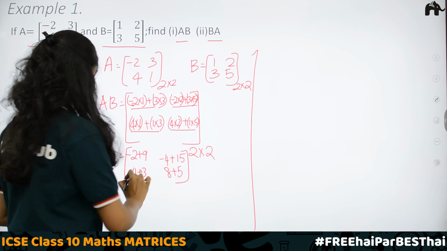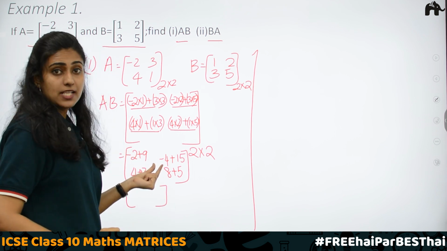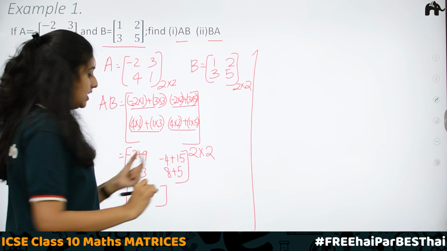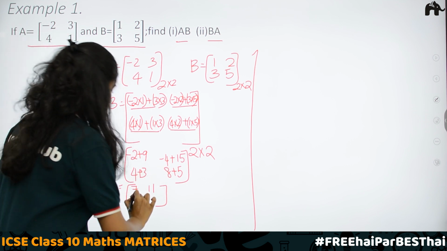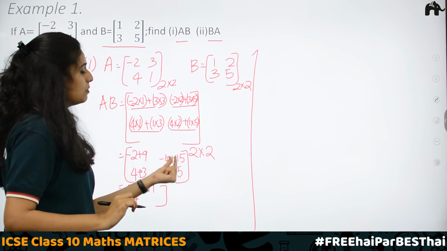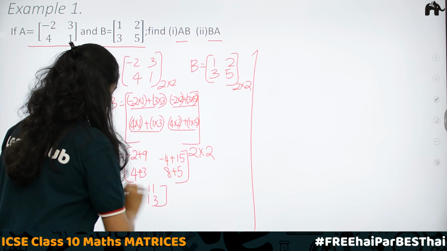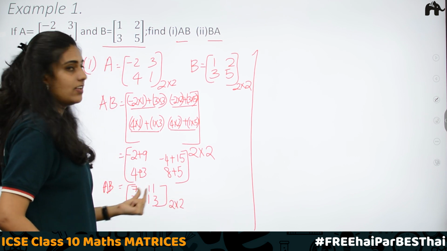Then what are the elements? We'll be getting minus 2 plus 9, 7. Minus 4 plus 15, 11. 4 plus 3, 7 again. 8 plus 5, 13. So we got AB. AB is a 2 by 2 matrix with elements 7, 11, 7, 13.